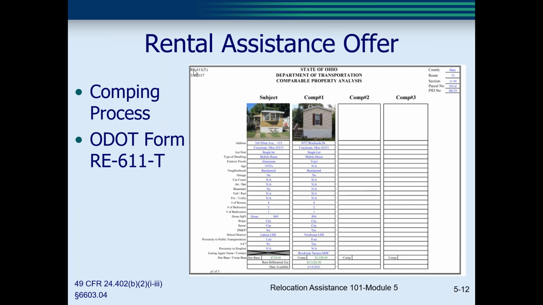The form that you will use for the tenants is the ODOT RE611-T. It's different from the owner form. So make sure you're using the right form. And keep in mind that the maximum for a rent supplement payment before you need to request last resort housing is $7,200.